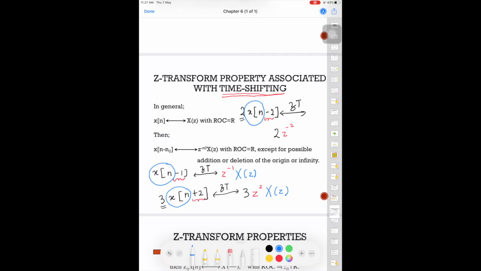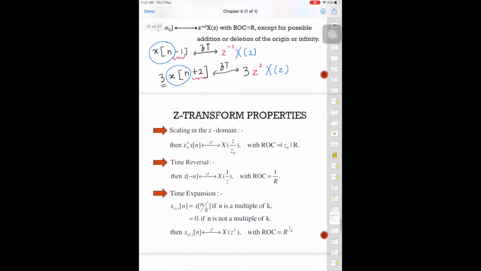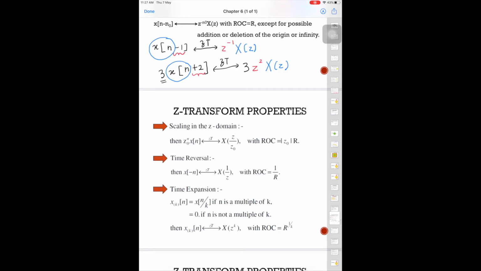And then we have the function, so the Z transform of x[n] is X(z). Then we have scaling. Time scaling in the Z domain is actually frequency shifting in the time domain. For the Z transform, you have it like this.